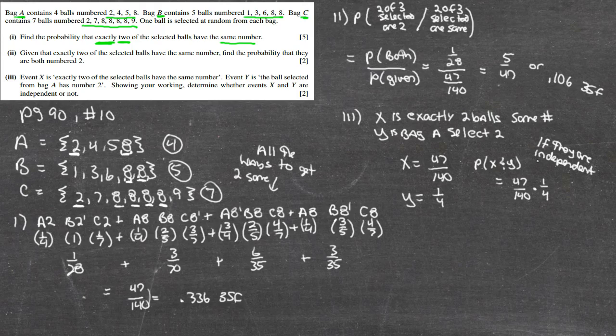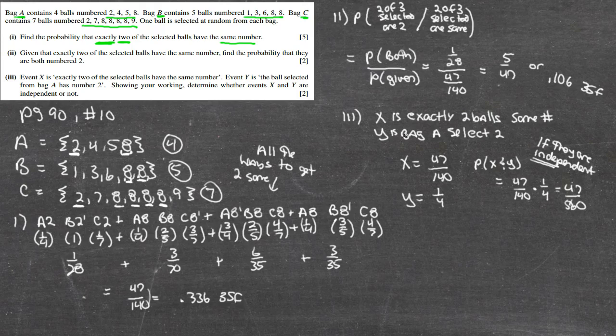That's only if they're independent. So first we'll try multiplying them. Well, 1 times 47 is 47, and 4 times 140 is going to be 560. All right, now let's see if that really is the probability of both of these things happening.